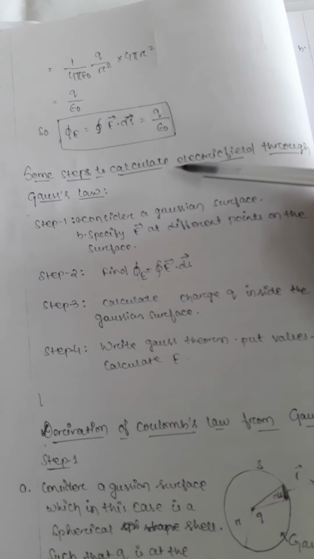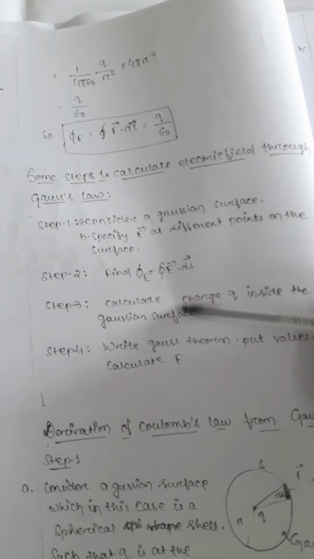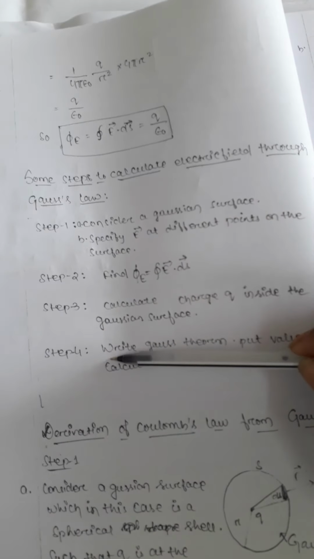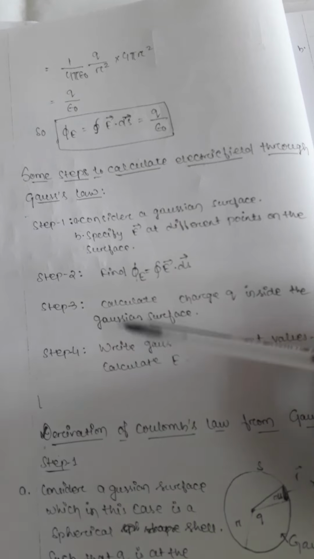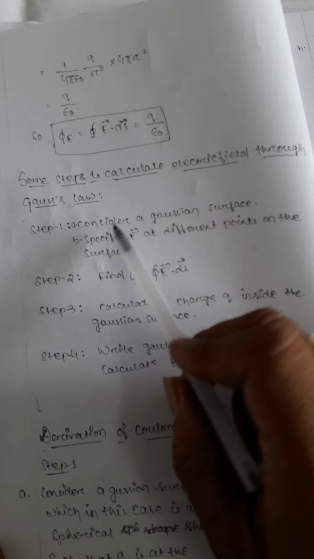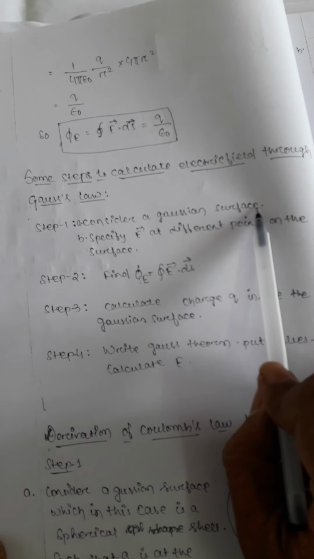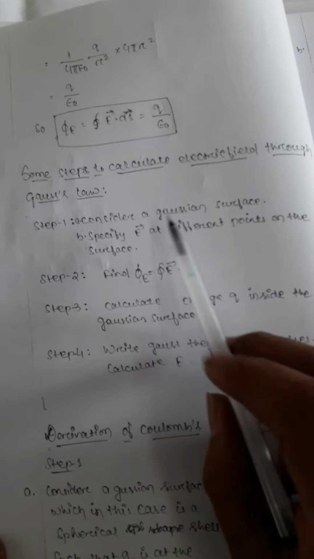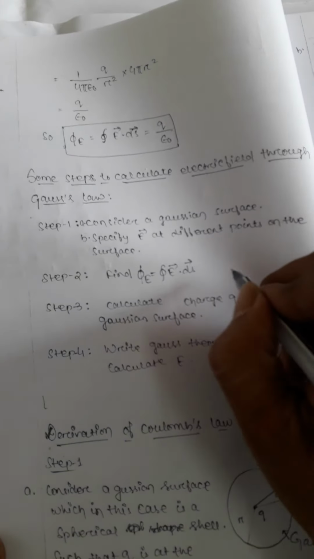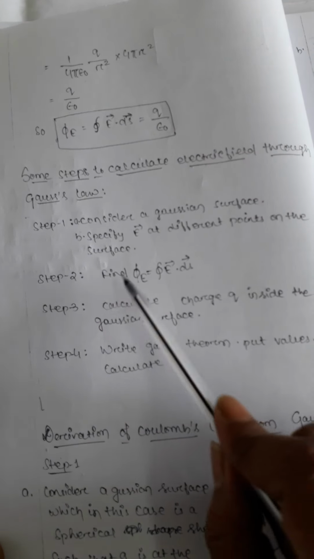So to find out the electric field using Gauss law, there are some steps here. By these 4 steps we can calculate the electric field. In the first step, we have to consider a Gaussian surface. We must imagine the Gaussian surface, and the point at which we have to calculate the electric field must be on the Gaussian surface.